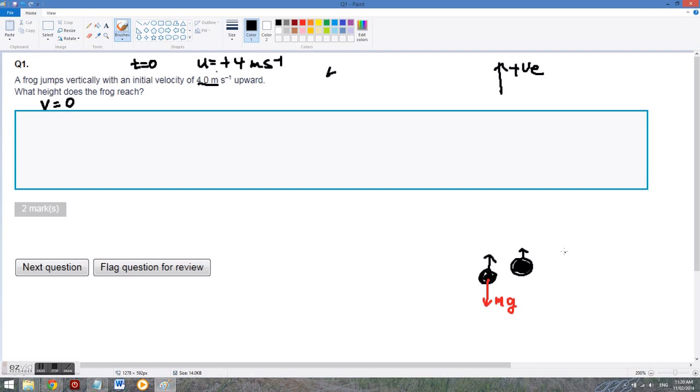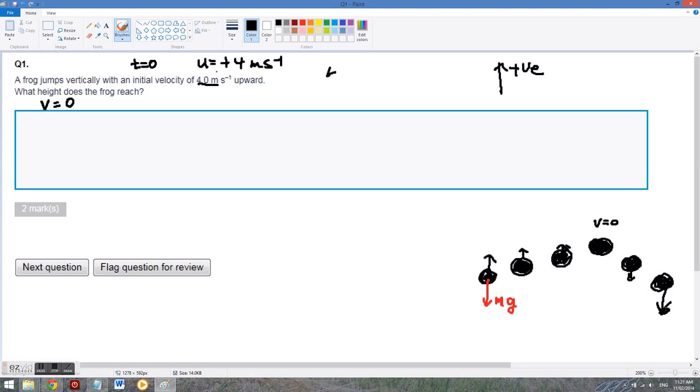So again, when it reaches higher, it's slower. However, when it reaches its maximum point, the velocity will be 0. Then it will start to move downwards. The further it moves down, the faster it is.